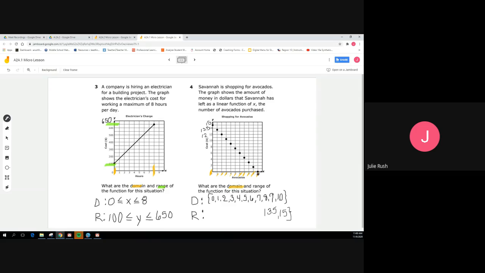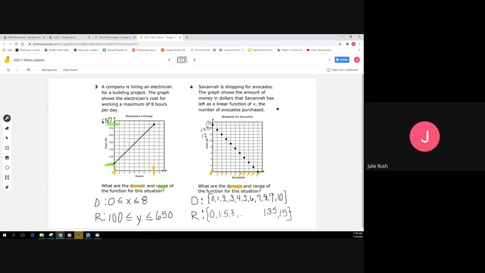And so when we get to 10, our range is 0. And then we would have 1.5 and 3. And I'm just going to put dots here in between.